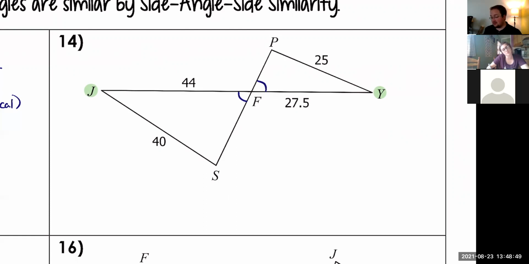No. Now, if PY and JS were marked as parallel, then absolutely, they'd be alternate interior. But they're not parallel, or at least we haven't been told that they are. So I'm stuck, dead in the water. Based off of the information I have, I'm going to have to say no.